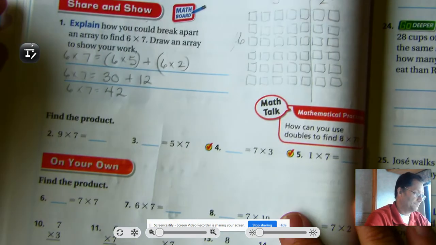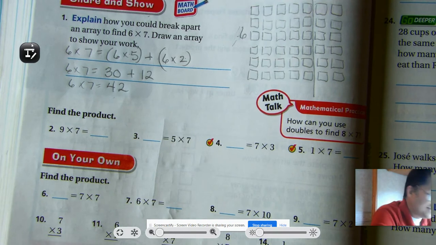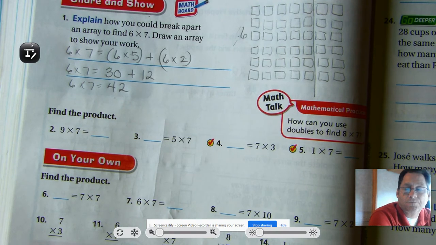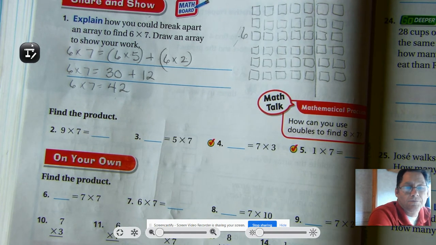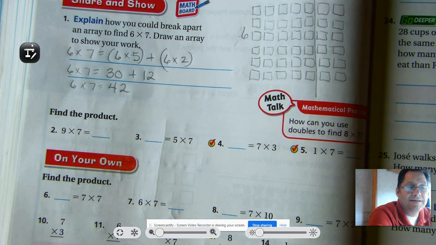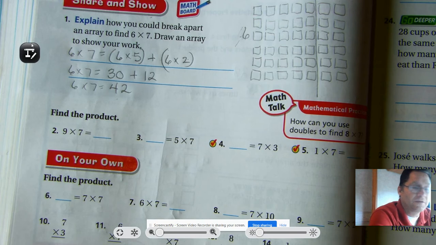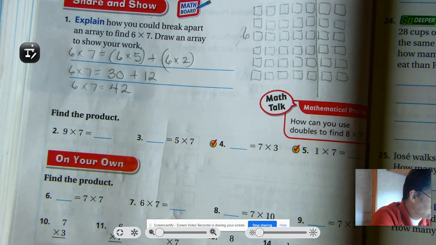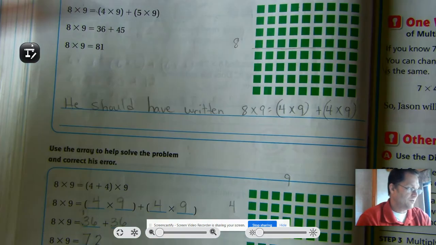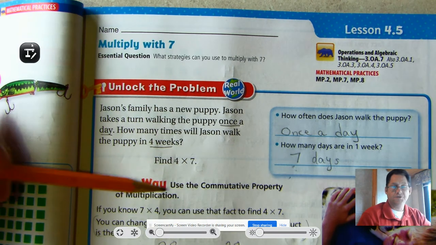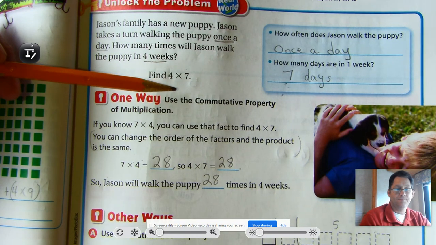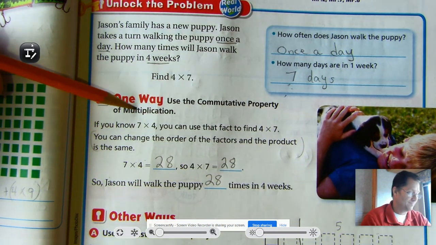All right. Find the product. 9 times 7. So you have to decide which way is the easiest way to solve this problem. Is it easier for you to use the commutative property and say 7 times 9?